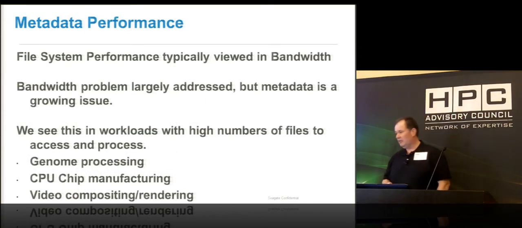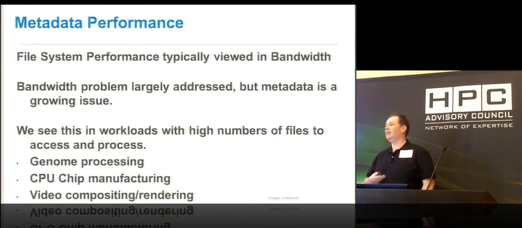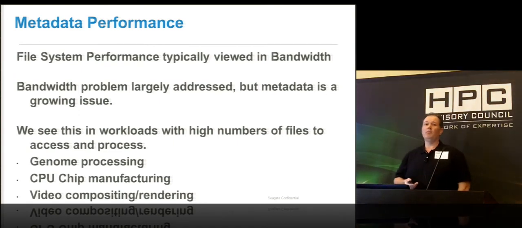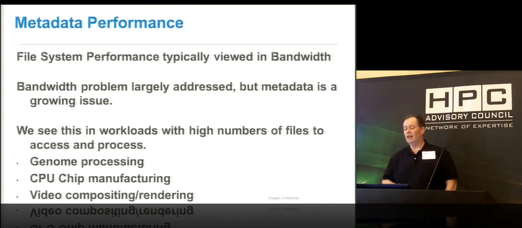So typically, when we think of parallel file system performance, everybody talks about gigabytes per second, what's your throughput, what's the bandwidth. And so that's been a problem that has been worked on for many years now. And to some extent, it's largely addressed. But then what becomes the next problem that people are beginning to look at?